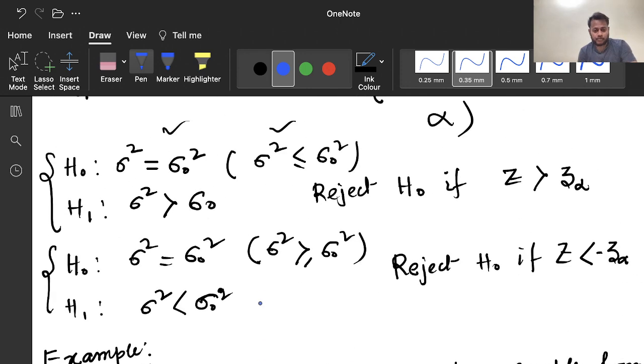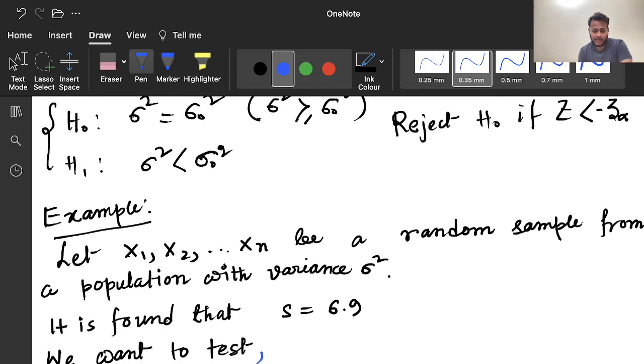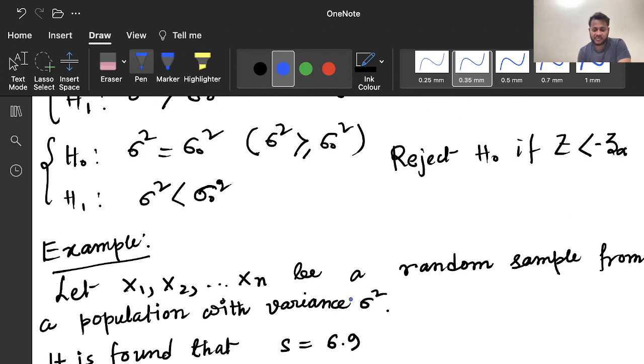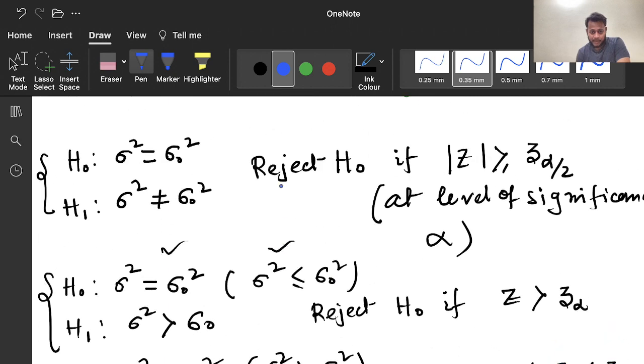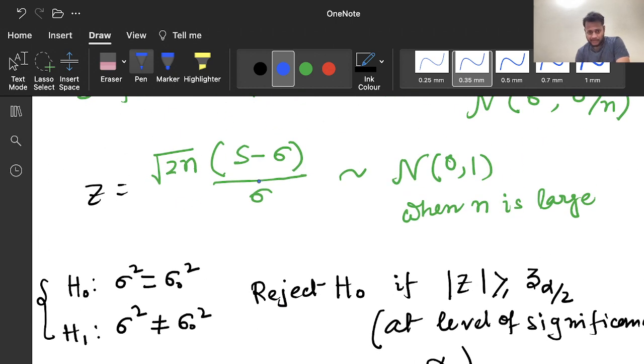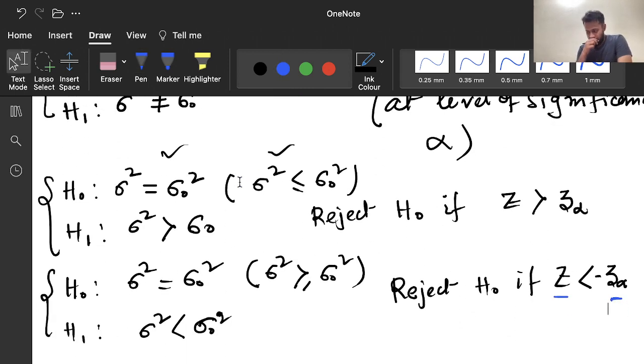Now according to our previous theory, we reject the null hypothesis when z is less than minus z alpha. What is z? Root over 2n times (S minus sigma) by sigma.